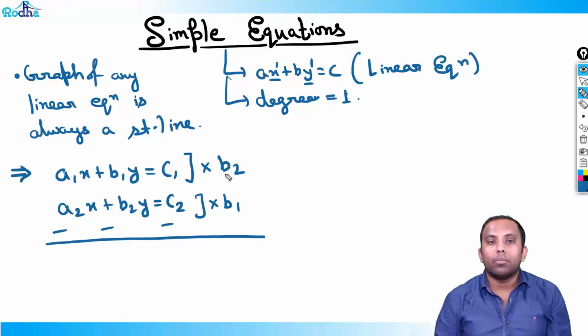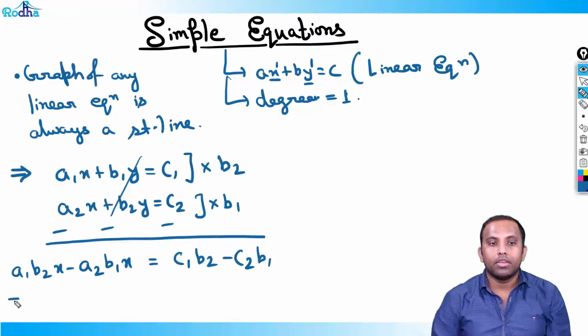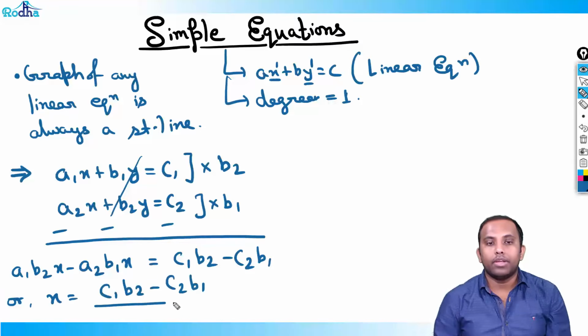Now b1 b2y and b2 b1y become the same, so they can be cancelled. What you're left with is a1 b2x minus a2 b1x is equal to c1 b2 minus c2 b1. It can be written as x is equal to (c1 b2 minus c2 b1) divided by (a1 b2 minus a2 b1).